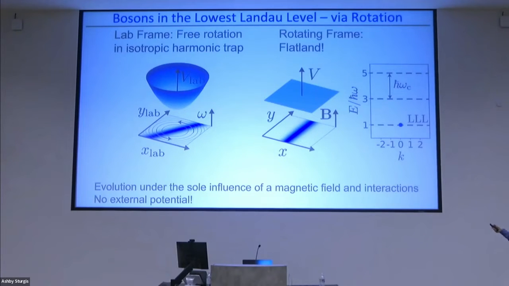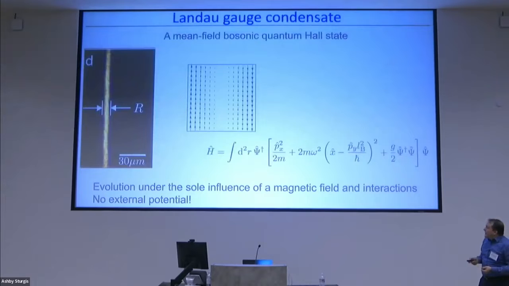In fact, momentum space is always perfectly flat, and you have Landau levels. We can create a state in the lowest Landau level wave function, and then observe this Bose condensate just under the influence of the magnetic field and interatomic interaction. There's no external potential, and no kinetic energy in it.